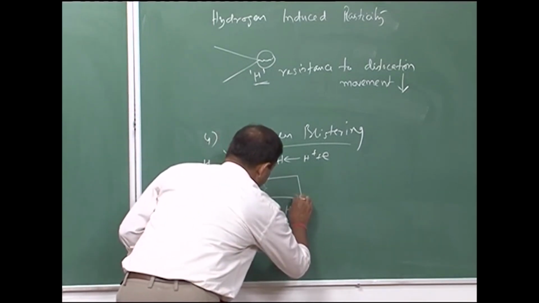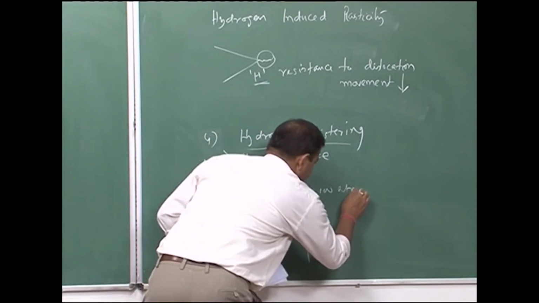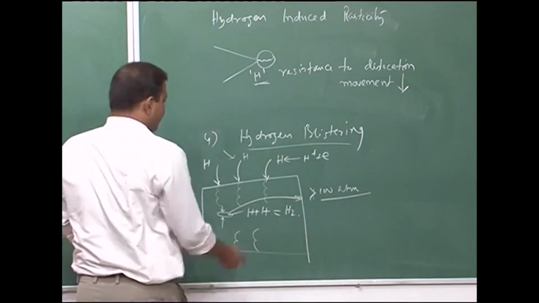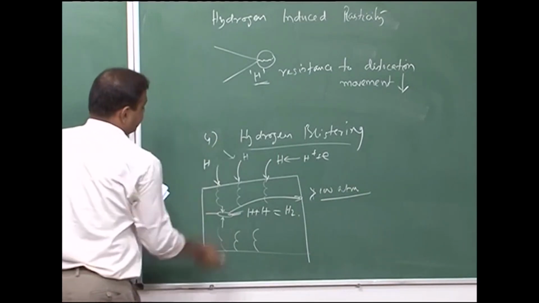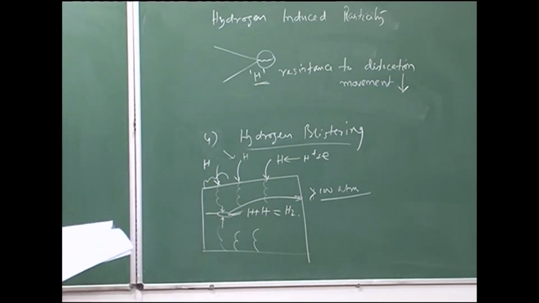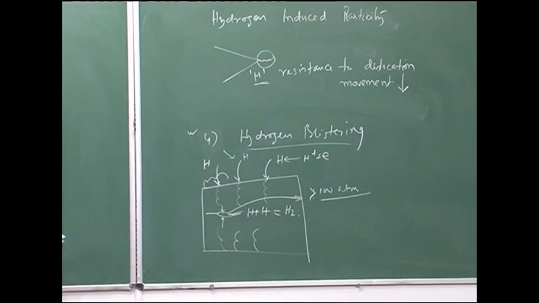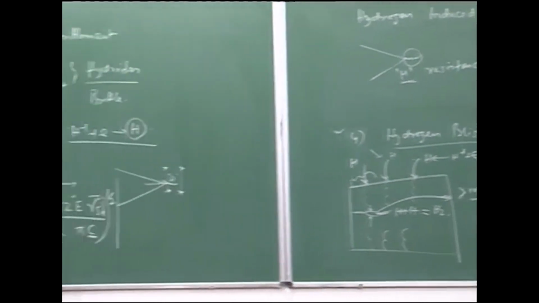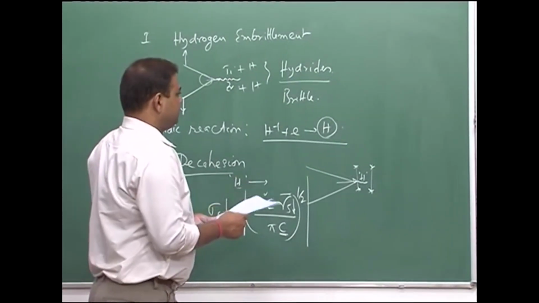So, at that pressure this brittle fracture can propagate, and there could be a blistering effect on the surface. So, this is called hydrogen blistering. So, now we have 4 different ways of hydrogen induced cracking.